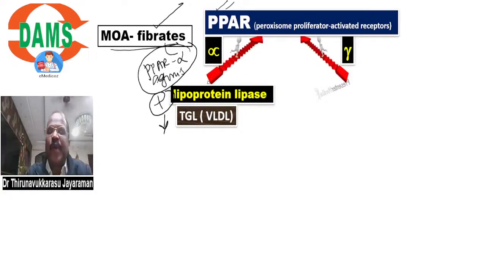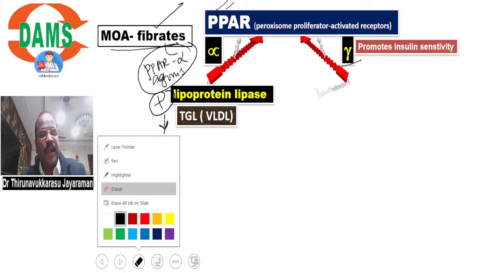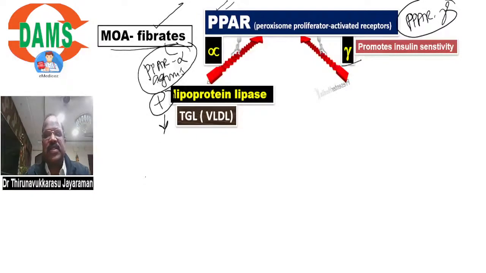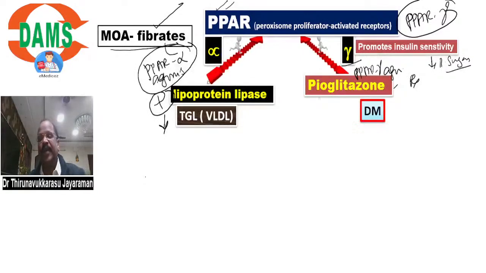Whereas we have one group of drugs called PPAR gamma activators. PPAR gamma causes insulin sensitization, thereby reducing blood sugar. That means pioglitazone, a PPAR gamma agonist, is useful for treatment of diabetes.